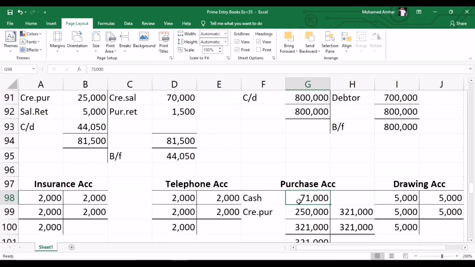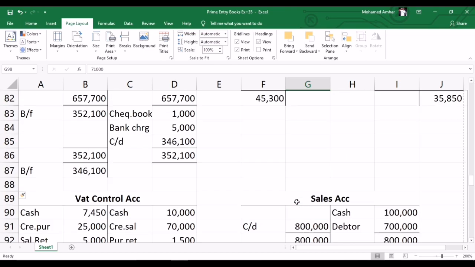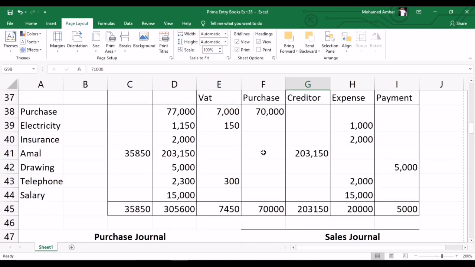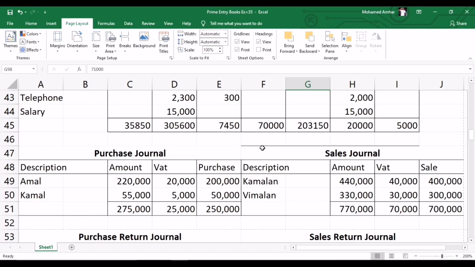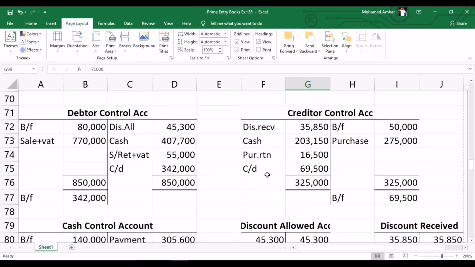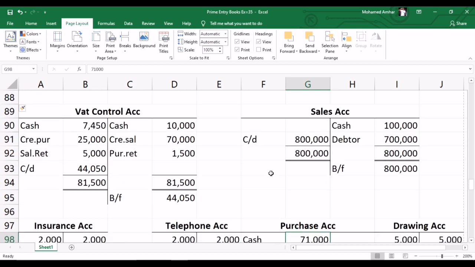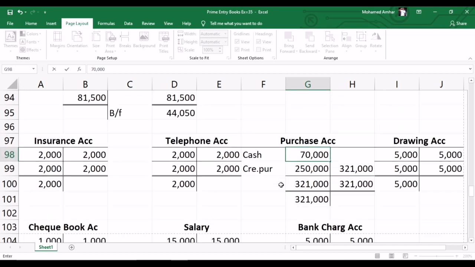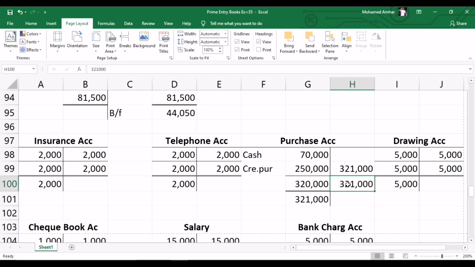Here the purchase account, 70,000. Yes, it should be 70,000. Purchase account 70,000.